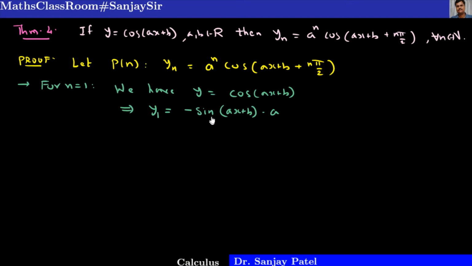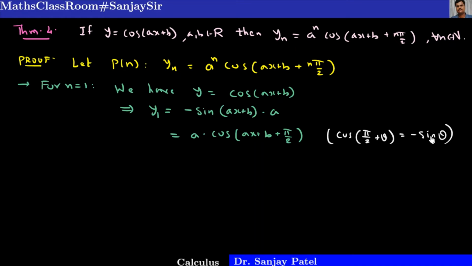But we want to write this in terms of cos, because we want P1 is true. P1 is true means y1 is equal to a raised to 1 into cos of ax plus b plus pi by 2. So this I can rewrite as a into cos of ax plus b plus pi by 2, because we know that cos of pi by 2 plus theta is equal to minus sine theta, correct?